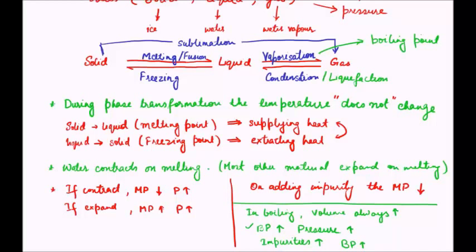We understood that the phase transformation takes place at a constant temperature, and we also saw what the effect of change of pressure is on the volume change during transformation, and the effect of change of pressure on the temperature of transformation, that is, at what temperature the transformation will take place. Also how the impurities affect the boiling point and the melting point.